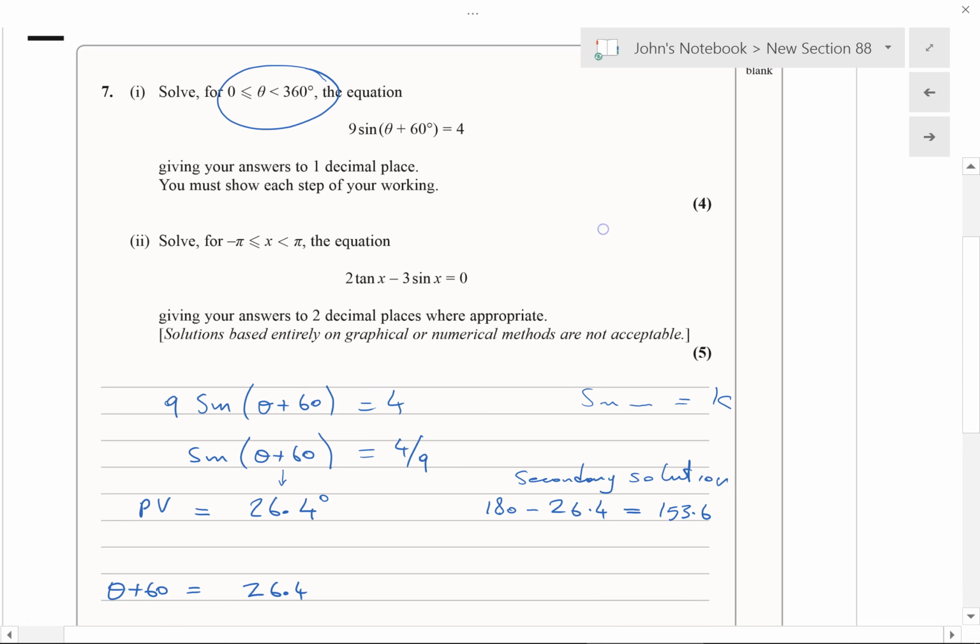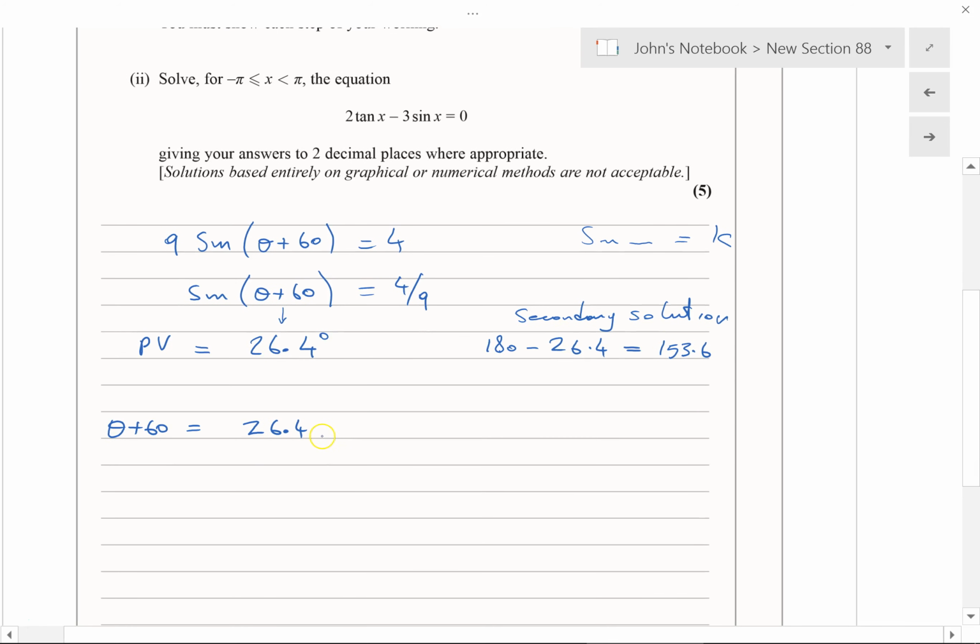The actual range that we want for our transformed function will be 60 to 420, when we add 60 to those. So we need to go up to 420. Our secondary solution is 153.6. But of course, because there's a period on this, if we add to any of these, we'll get other solutions.